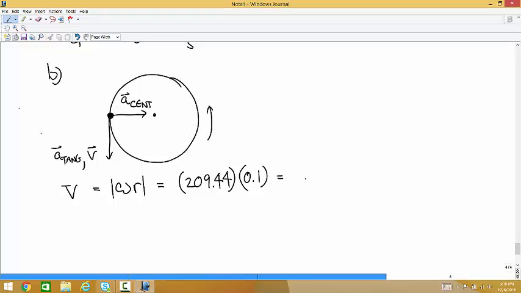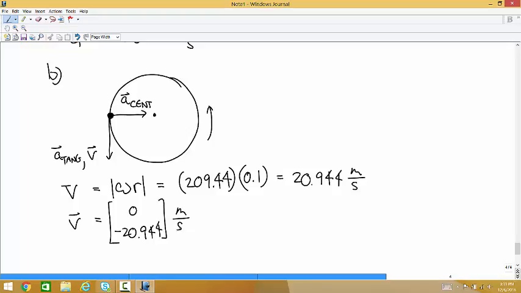And so the speed is 20.944 meters per second. It didn't ask for a velocity vector, but if we wanted the velocity vector, it's in the negative y direction. So the velocity vector would be 0, negative 20.944. But what we want is the acceleration.